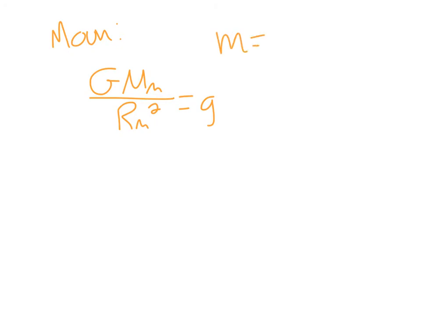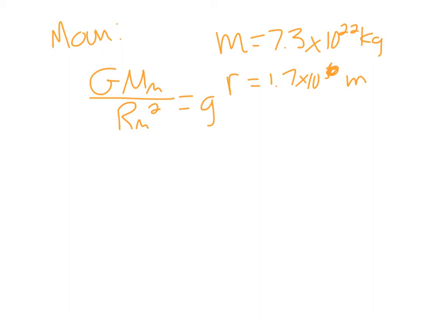Mass of the moon is equal to 7.3 times 10 to the 22nd kilograms, and the radius of the moon is equal to 1.7 times 10 to the 6th meters.